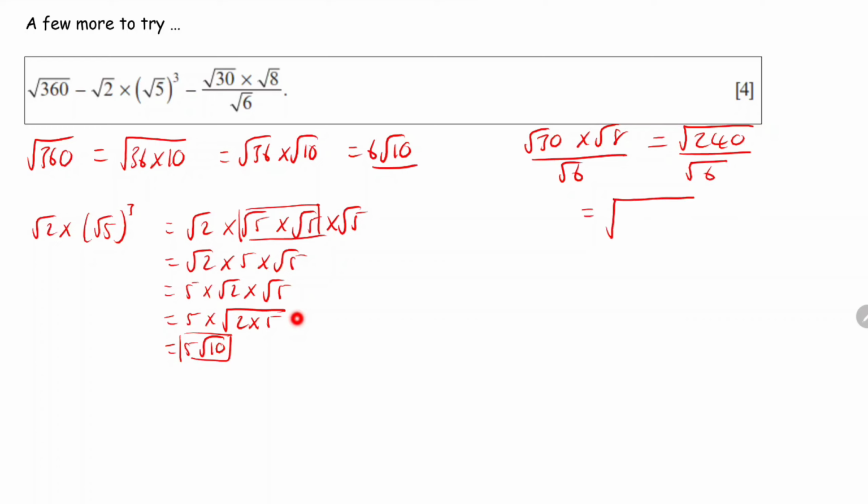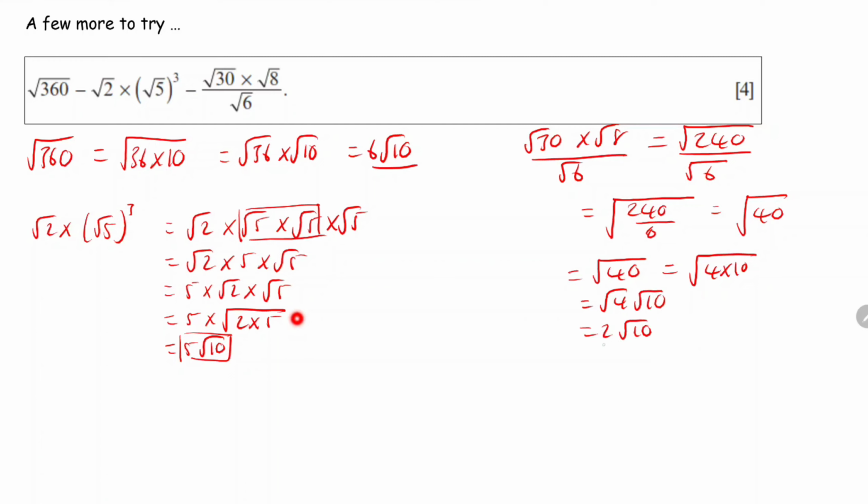We could divide the two numbers then, because they're both rooted, 240 over 6, which gives you root of 40. 240 divided by 6 is 40. Root 40 can be written as root of 4 times 10, which gives you root 4 root 10, which gives you 2 root 10. All three terms are in terms of root 10.